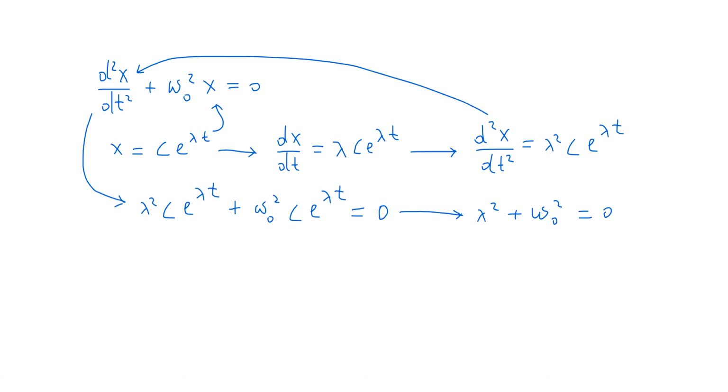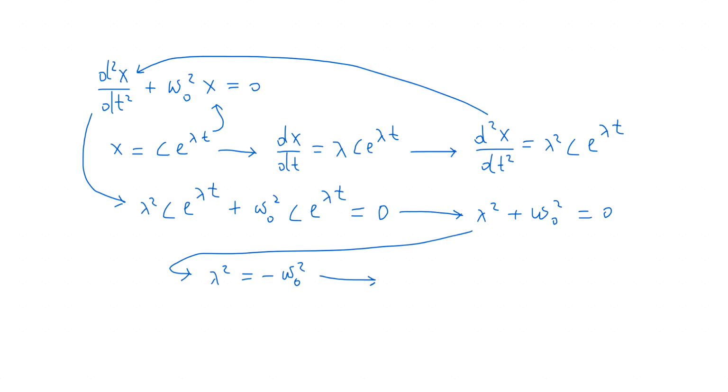From here we get that lambda to the power of 2 is equal to minus omega 0 to the power of 2. Of course, this value is negative, and because of the negativeness of this value, we will obtain two complex roots.